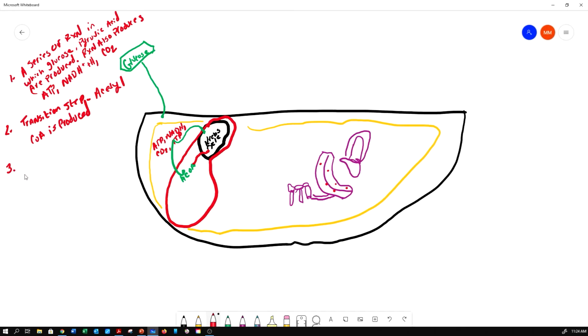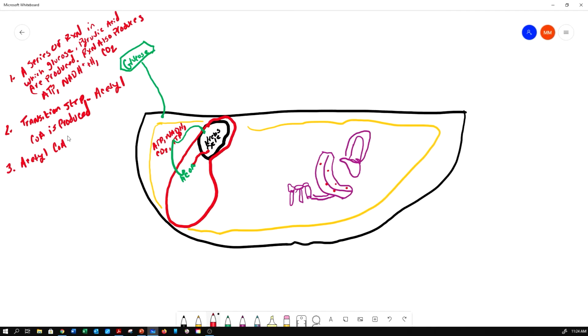Step number 3. So our acetyl CoA is going to be actually oxidized.